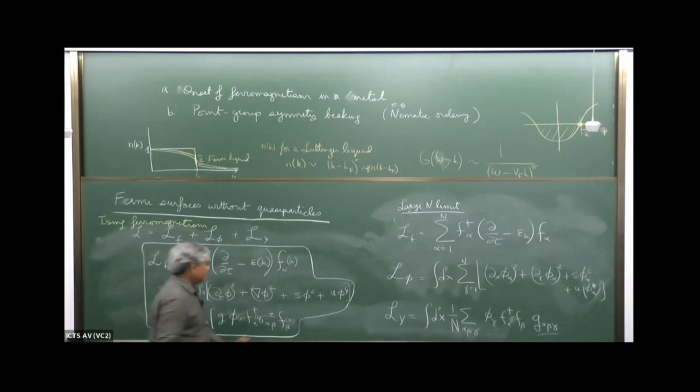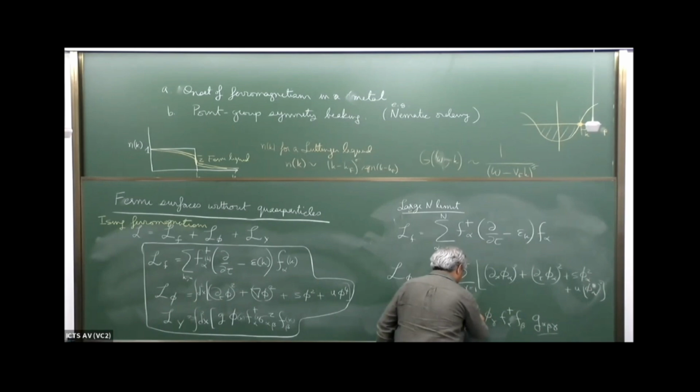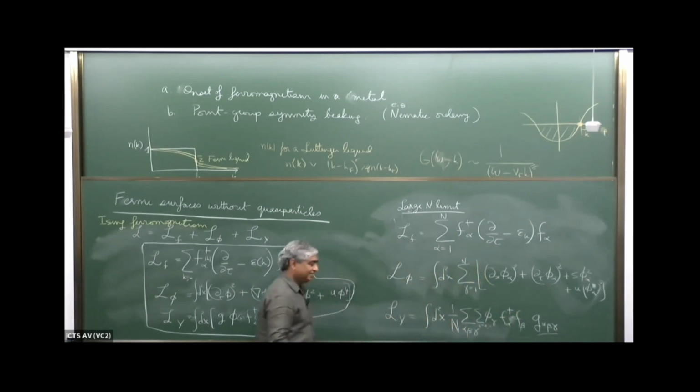Since I'm getting so many questions, what I can do is introduce another index. Let me call it A, going over plus and minus. And then I can put a sigma ZA, with A here and A here. You can just do that, and then it'll be all fine.